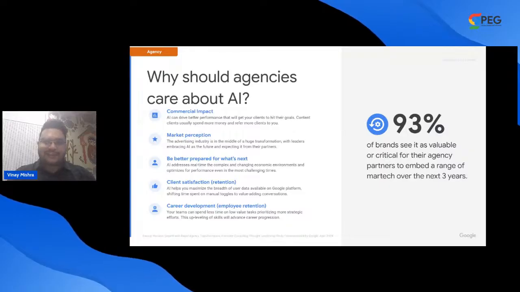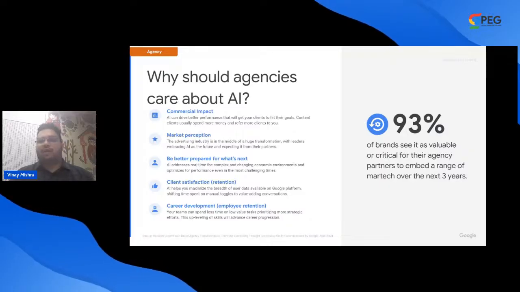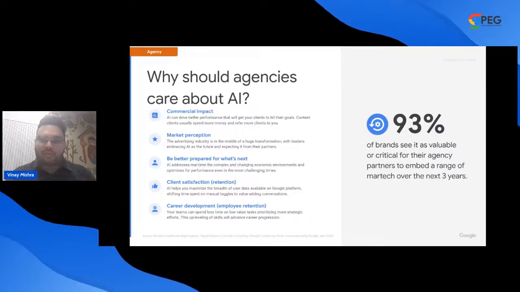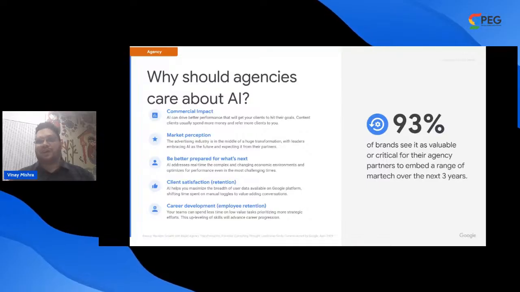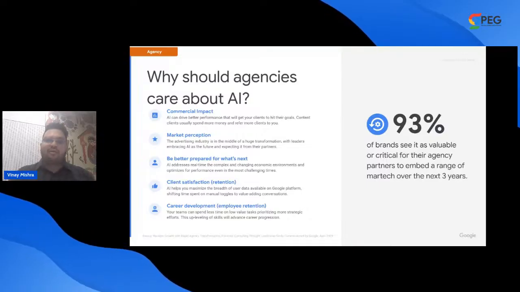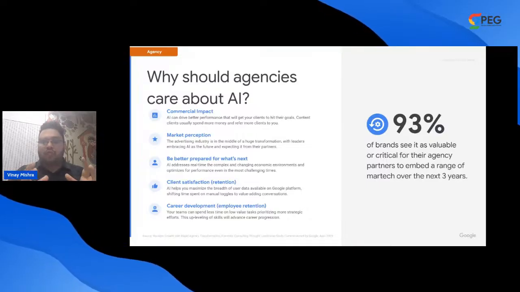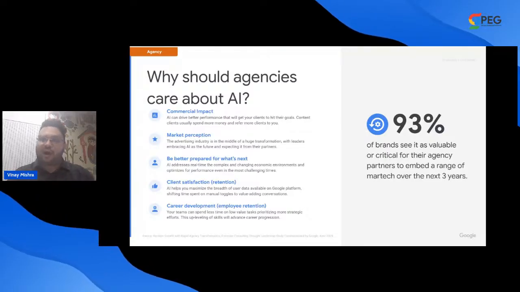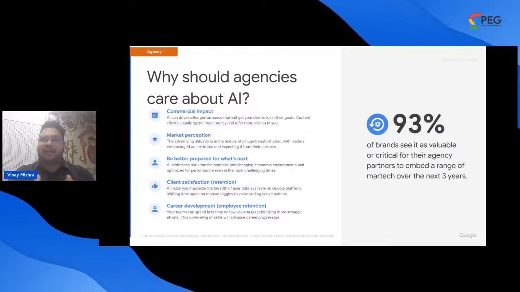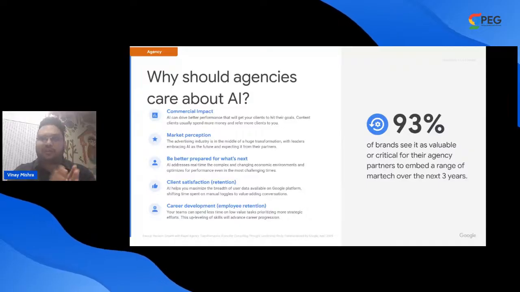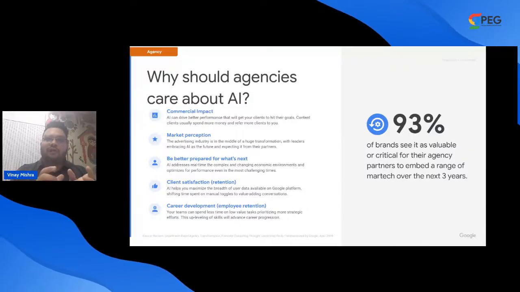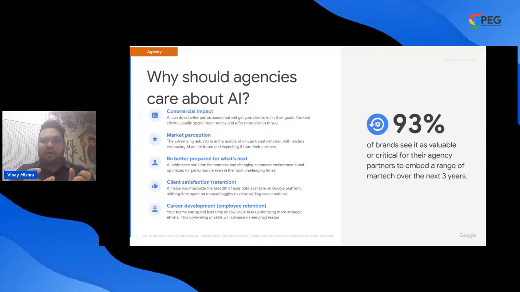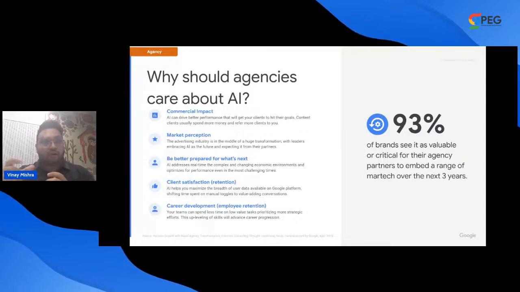And with that being said, with AI coming into the picture, we are also prepared for what is coming next, right? With AI, as I've been speaking about the change in the market, we cannot be 100% sure of what is going to shift, or if there is a real time complex change in the economic environments.